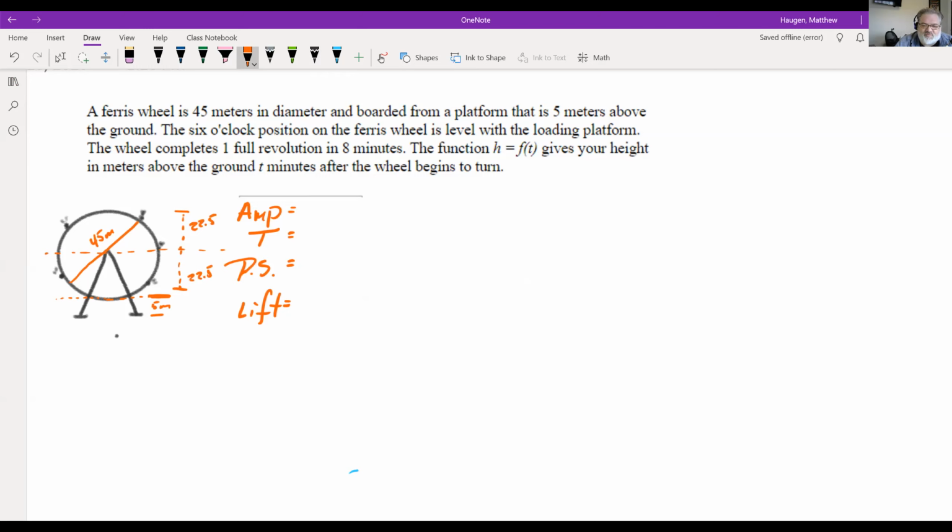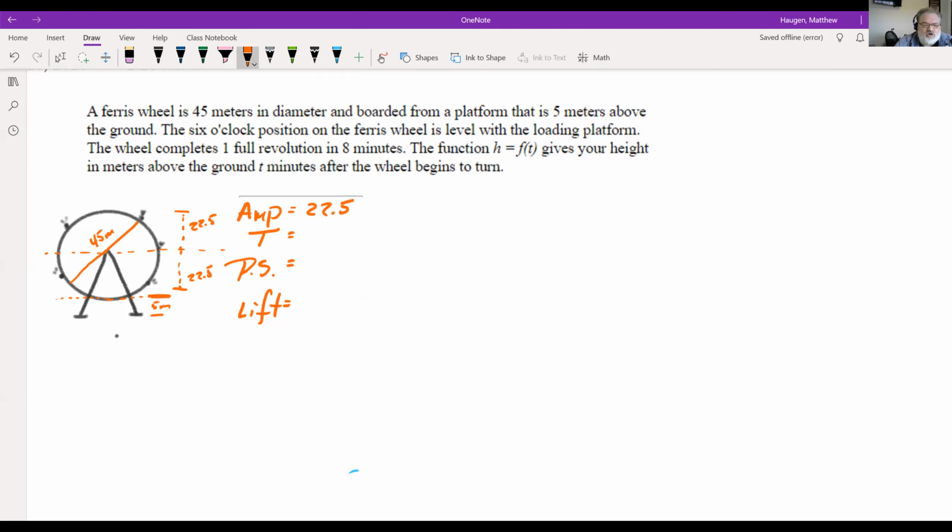So the displacement from center is going to be only that 22.5. I think that is trap number 1 in this question, that 45. People love having that amplitude of 45 here. Yes, the radius determines the amplitude, absolutely.